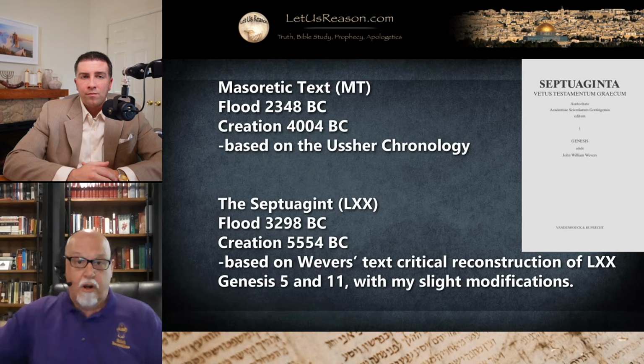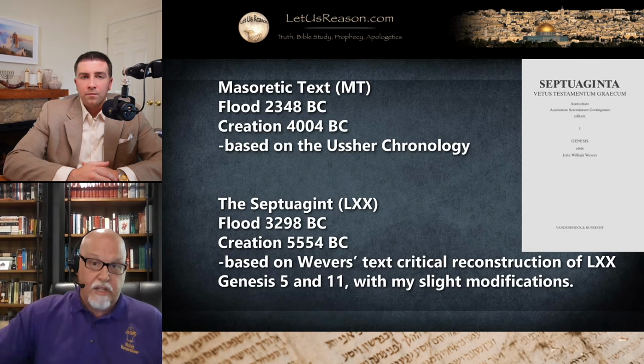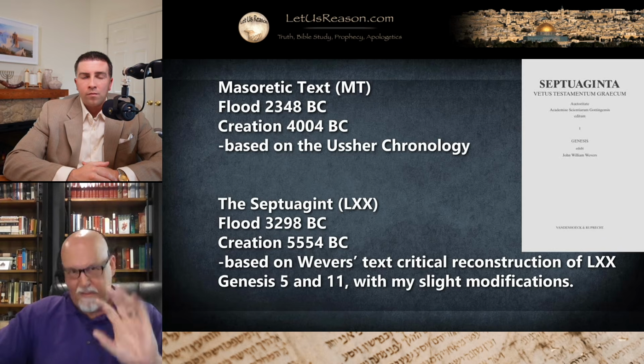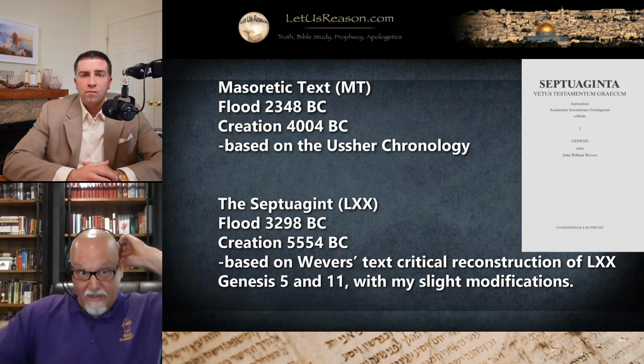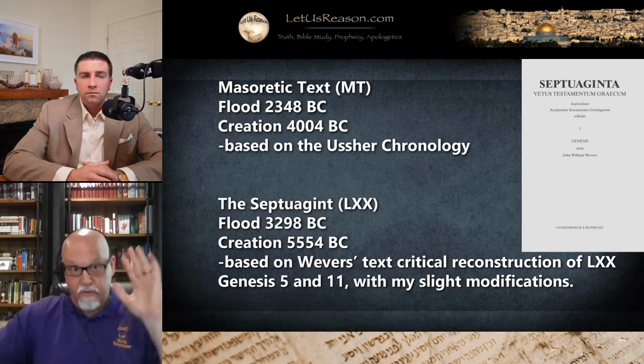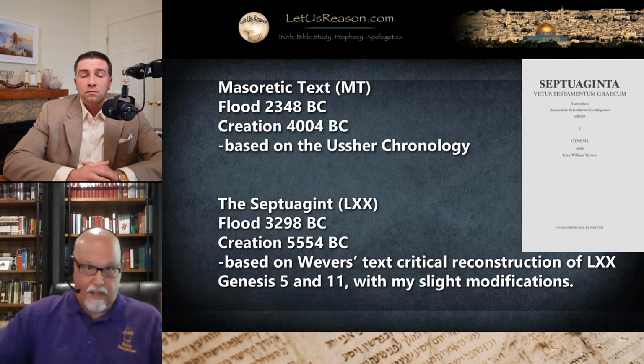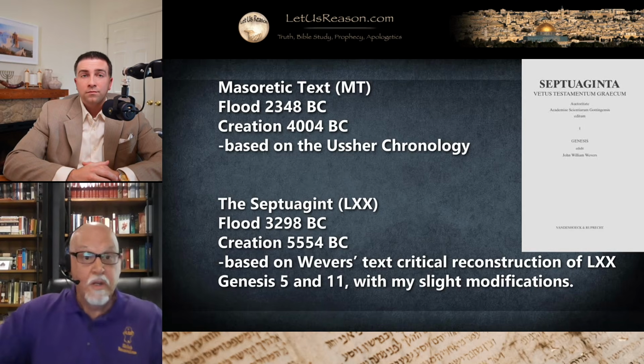And that's based largely on the reconstruction of Genesis in the Greek text by John William Wevers. He was a prolific Septuagint scholar, and I've made some slight modifications. His book was published in 1974 with every single known Septuagint manuscript of Genesis that was known to exist at that time.